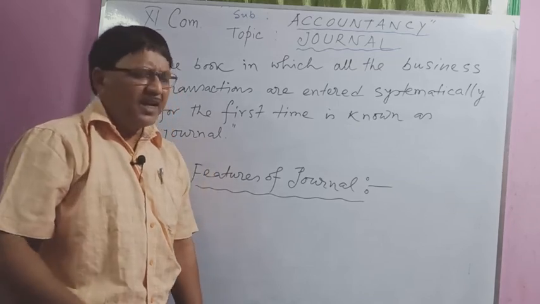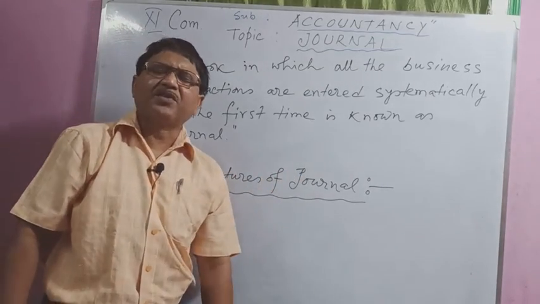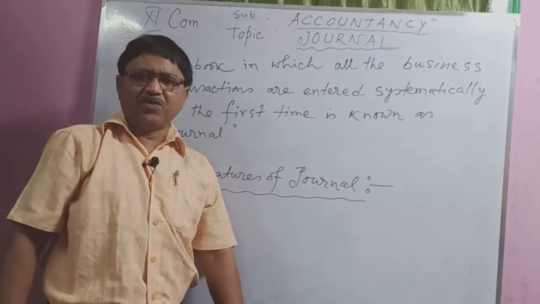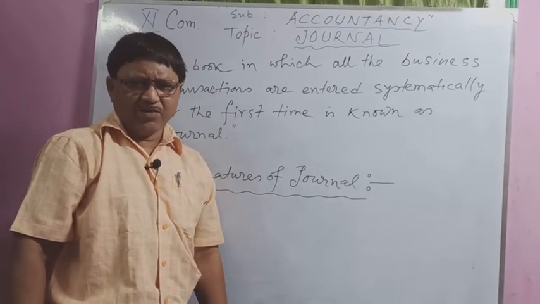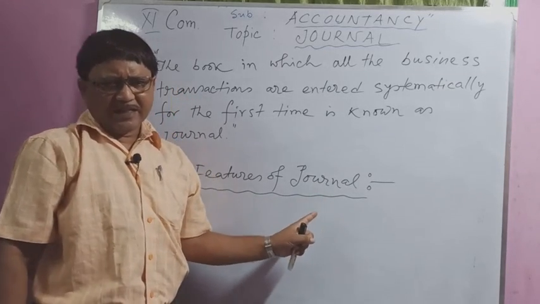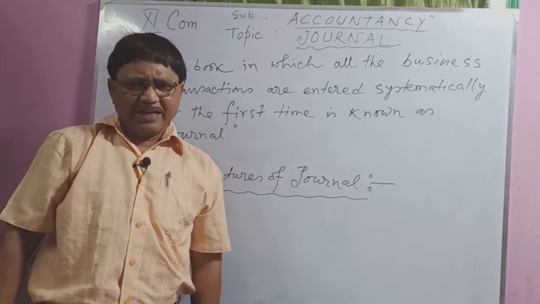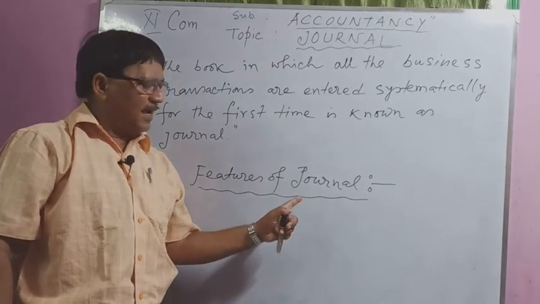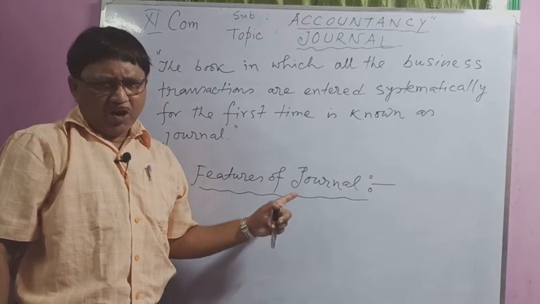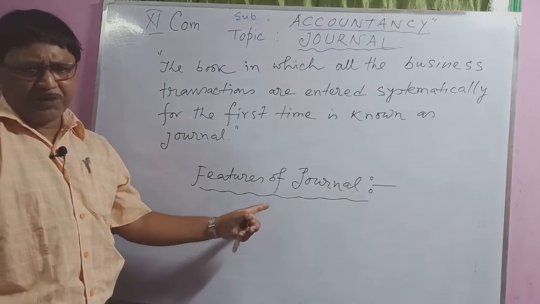Also, a brief history of the transaction is recorded, which is known as narration. Next, it maintains the separate identity of each transaction and gives a complete and clear picture of the transaction in one entry. These are the important features.